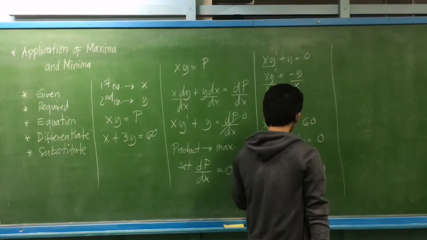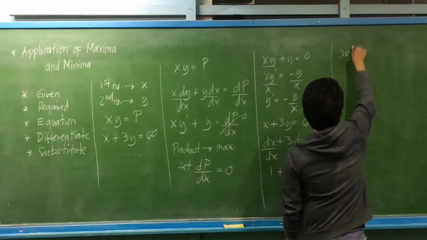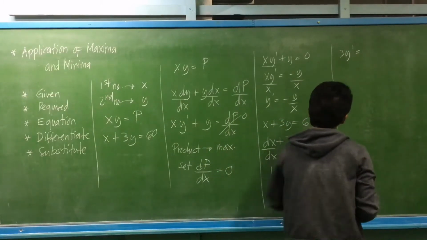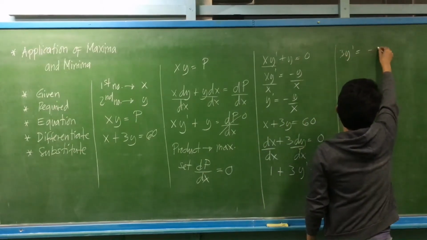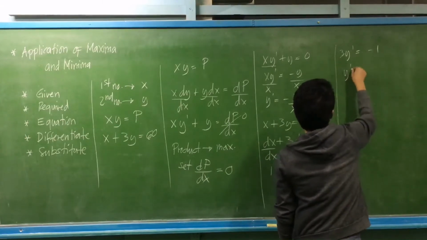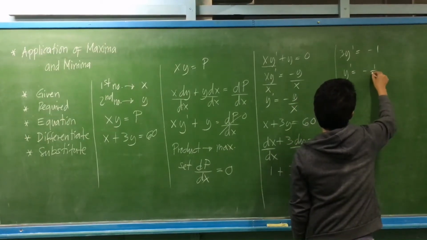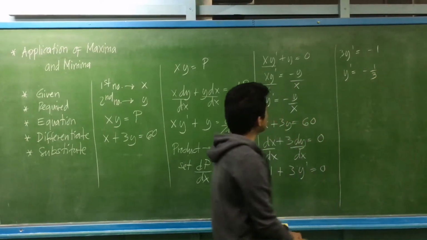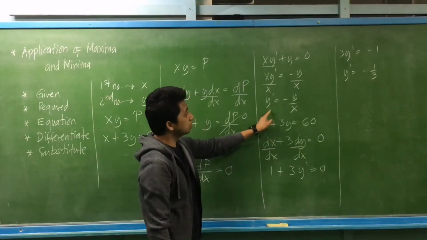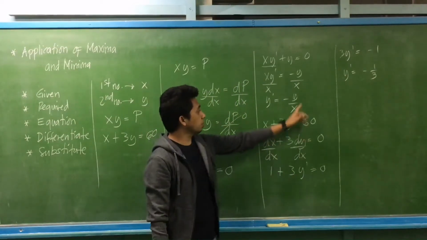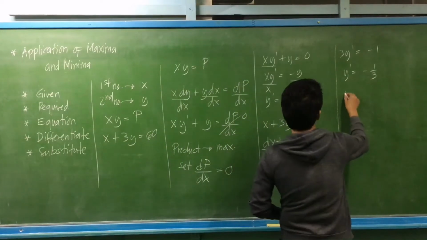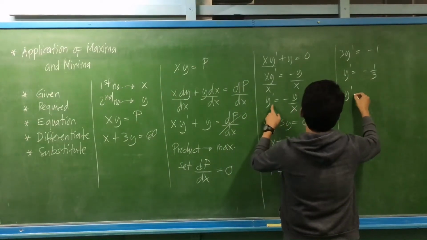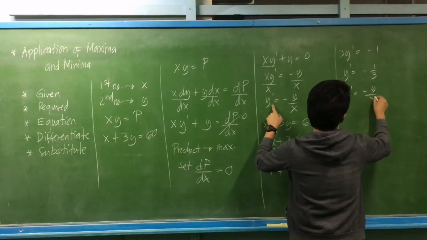So 3y prime is equal to negative 1. Therefore, y prime is equal to negative 1 over 3. All we have to do is substitute that value here to determine the equivalent of y or x. So we have the equation y prime is equal to negative y over x.